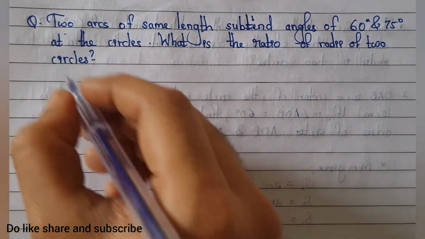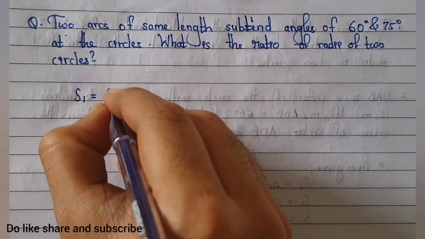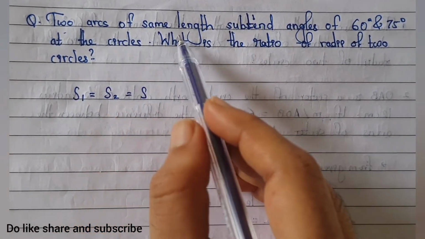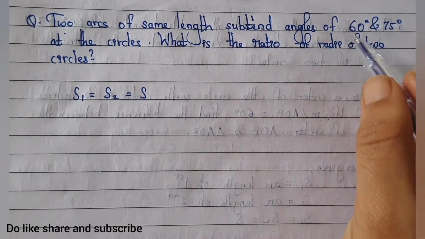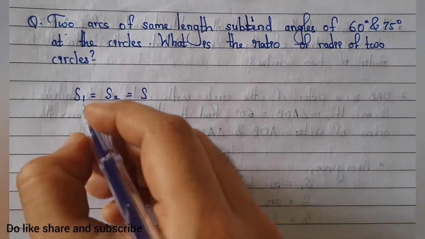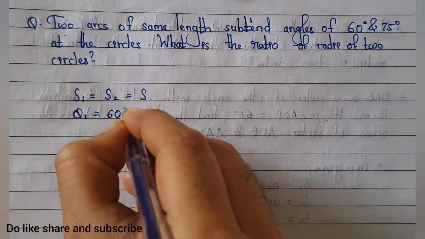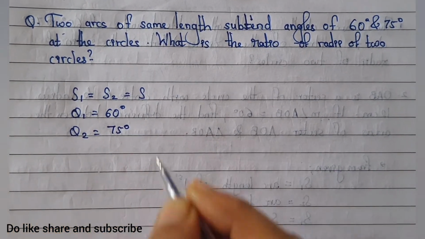So from the given we have s1 is equal to s2 is equal to s, as the arc length is the same. Now moving ahead, the thetas are given in degrees: theta 1 is equal to 60 degrees and theta 2 is equal to 75 degrees respectively.